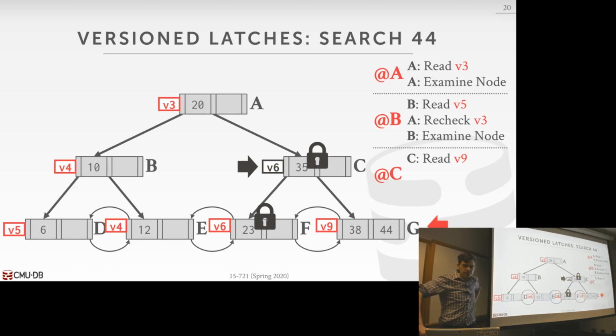So if I'm reading, say, 40, right? And somebody is inserting 40 while I'm reading it. Won't there be a torn read? Someone's inserting what, sorry? 40. All right, so 40 will go here, so I have to do a split. Okay, assume that you are not doing a split.